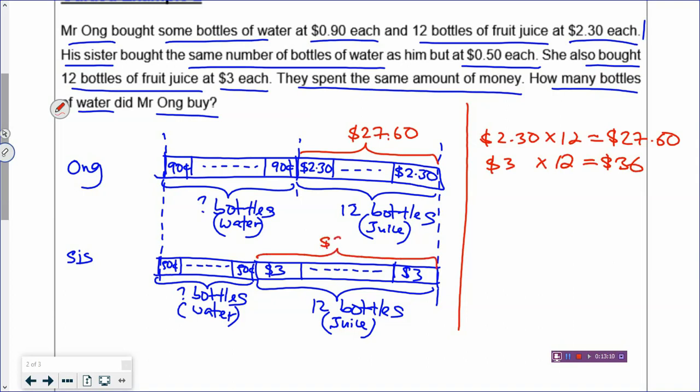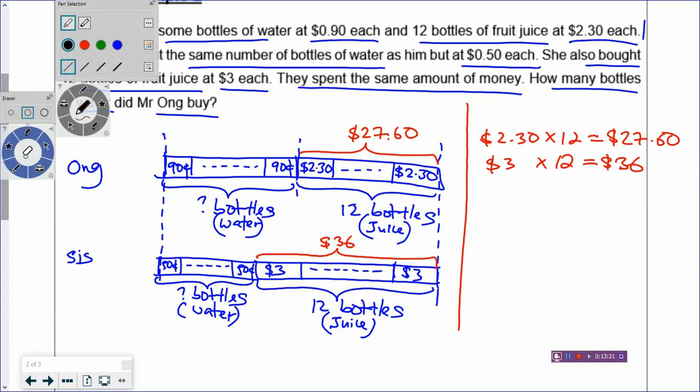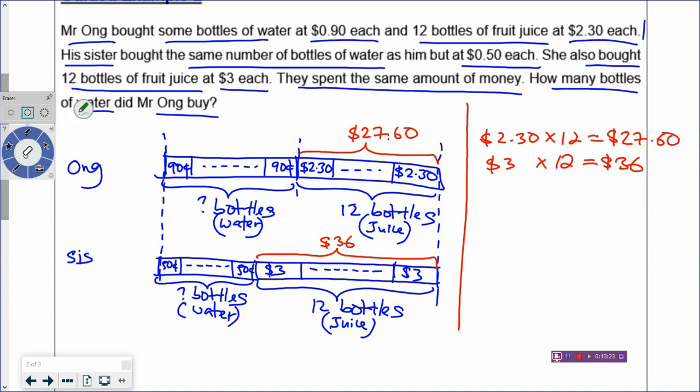Now how do we find how many bottles of water Mr. Ong bought? Now this is like your average problem, right? Something to do with average. So let's look at Mr. Ong. Every bottle of water he spent 90 cents, and the sister, every bottle of water she spent 50 cents.